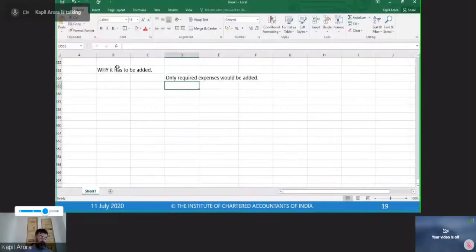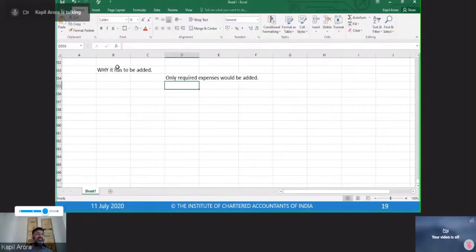If you want to buy an asset, how much interest would be charged to you by the bank? That interest rate would be your discount rate, practically. Otherwise, the question would have that rate for you. Question would always have that rate for you. Shraddha, I completely agree.